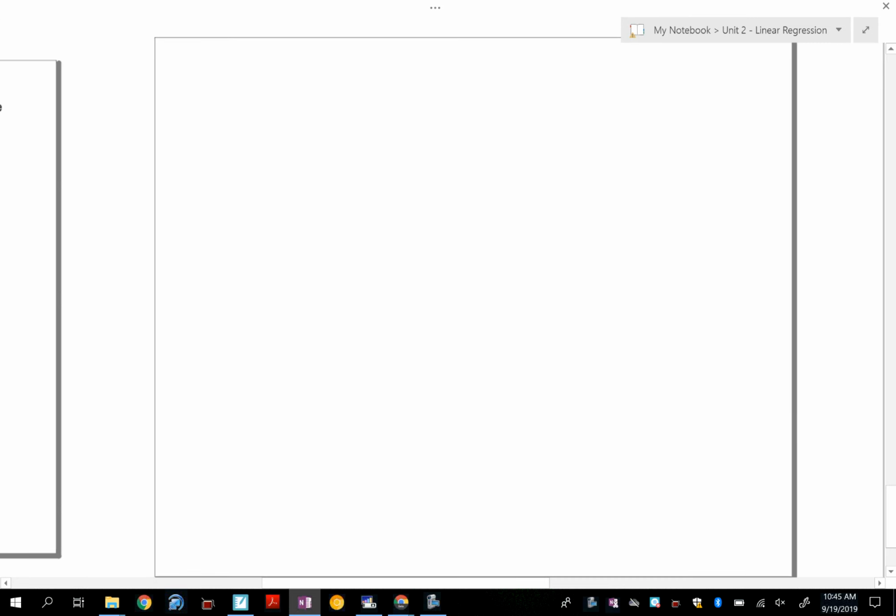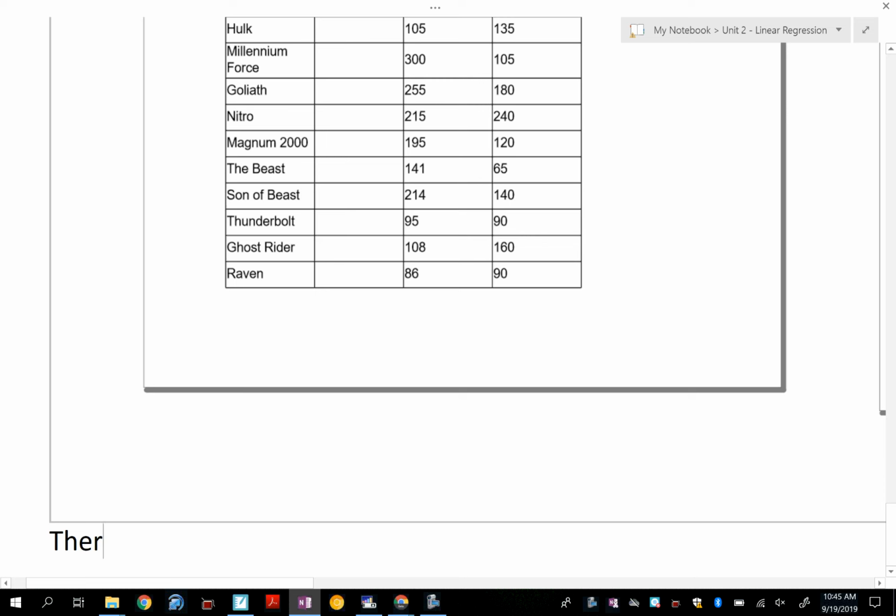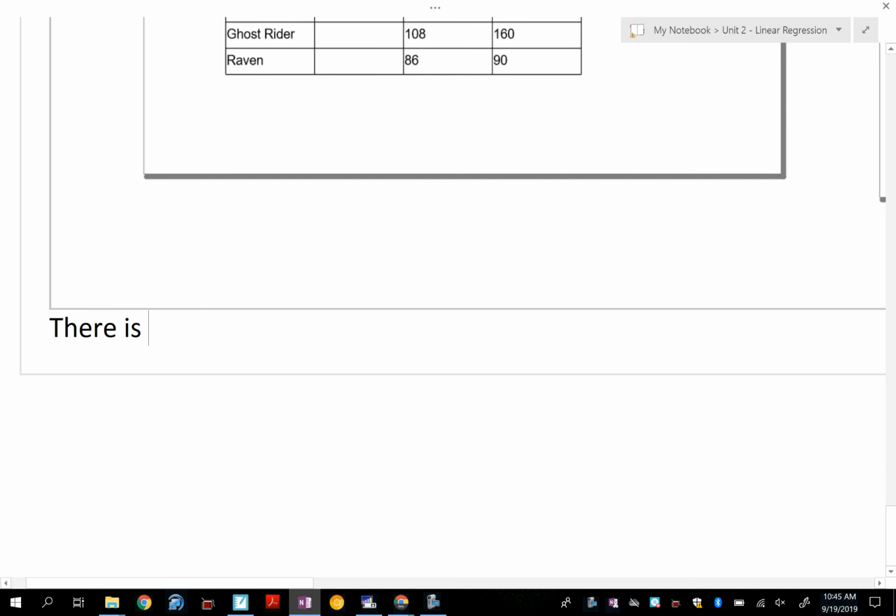All right, so there is a, I'm going to do it there then. There is a... You can always write what you think, and then when we calculate R, we can go back and change it if we want. Okay? So I heard people say weak. I'll go with that.